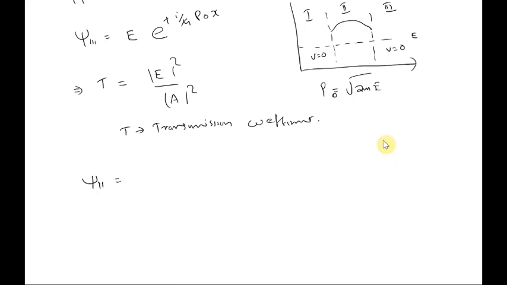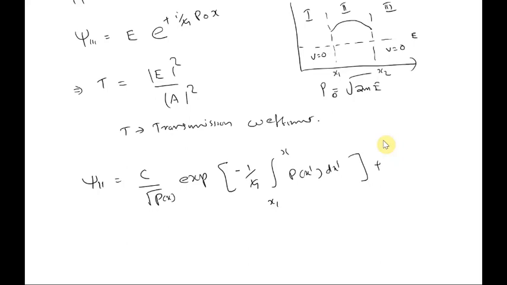So I put that as A by root p of x, exponential of minus 1 by h cross, integral from x1 to x of p of x prime dx prime, plus another component can be there, which is D by root p of x, a positive exponential, 1 by h cross integral x2 to x of p of x prime dx prime.